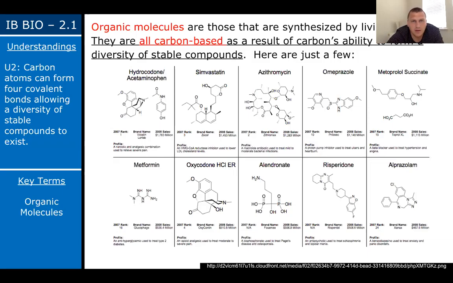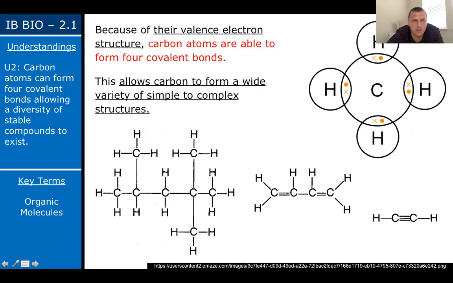Okay. Because of their valence electron structure, let's talk about carbon a little more. I don't know if you remember, but just to quickly review, you have electrons on the outside of the atom, and then protons and neutrons on the inside.